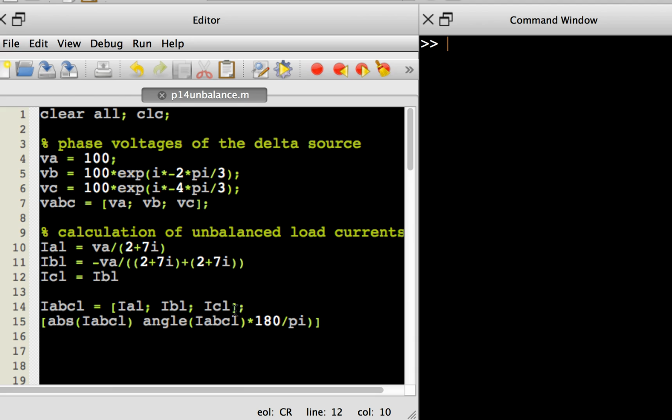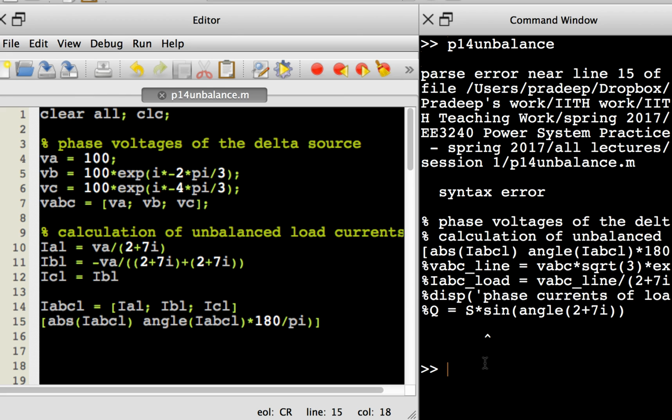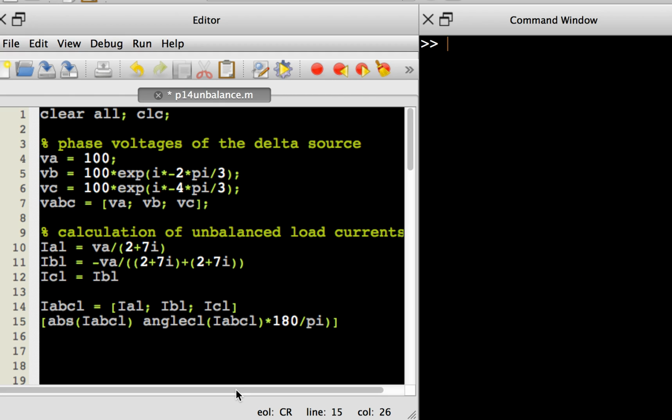Let's do more debugging. So I'll comment this line and then let me just execute up to here.